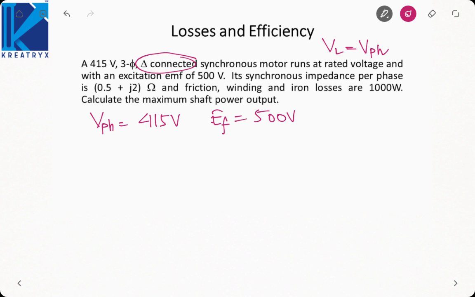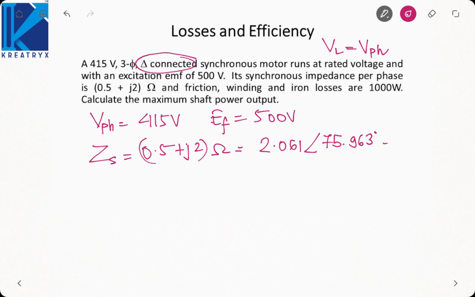Synchronous impedance is 0.5 plus j2. Friction, windage and iron losses are 1000 watt. So ZS is 0.5 plus j2 ohms. This comes out to be 2.061 at an angle of 75.963 degree ohm.